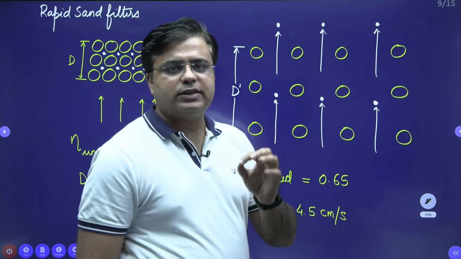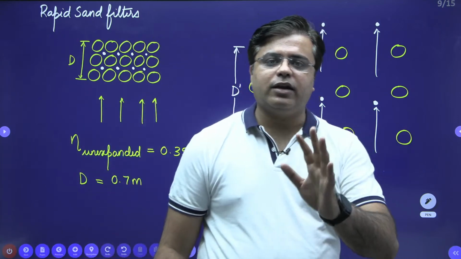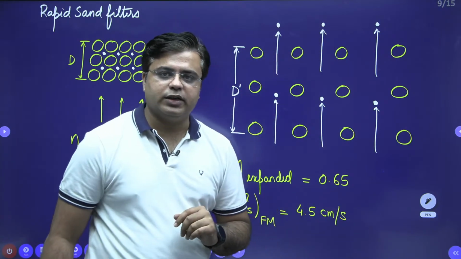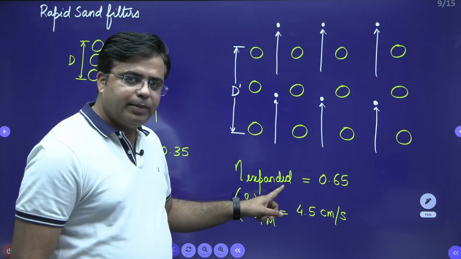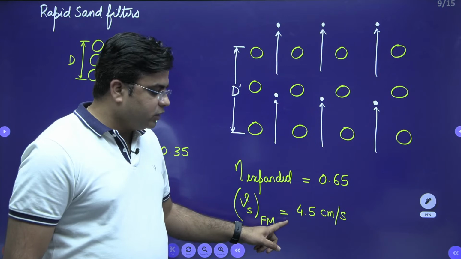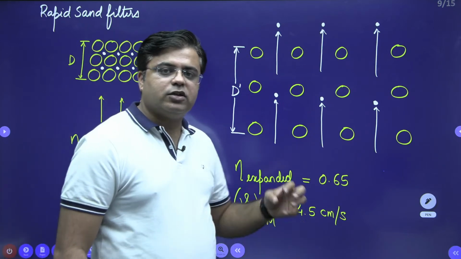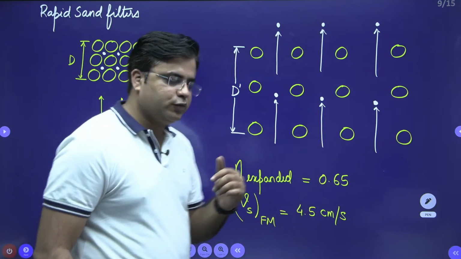Now there is one simple relation for calculating this backwash velocity. It relates the porosity of the expanded bed, the settling velocity of the sand or medium particles, and the backwash velocity.